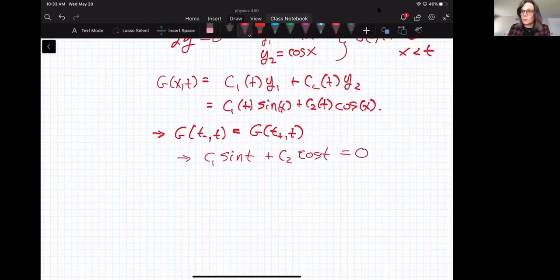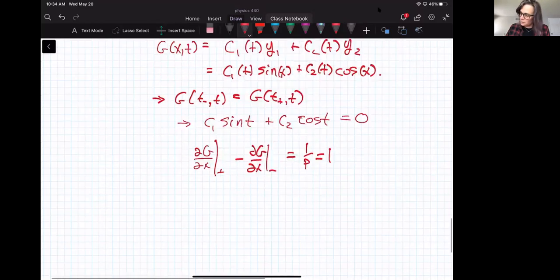Right? They're going to approach the same thing. We have dg/dx evaluated on the plus side, minus dg/dx on the minus side, equals 1 over p, which equals 1.